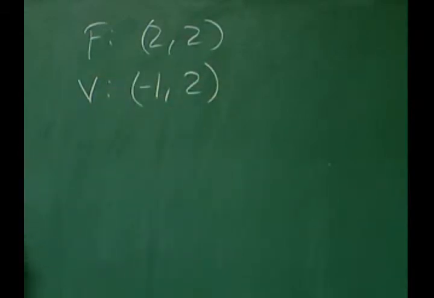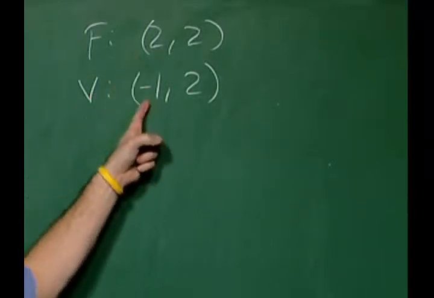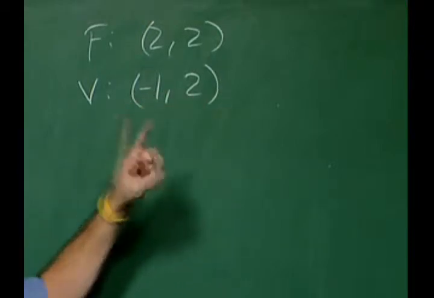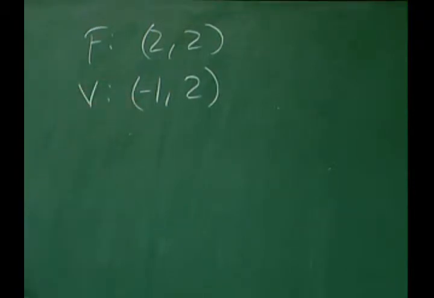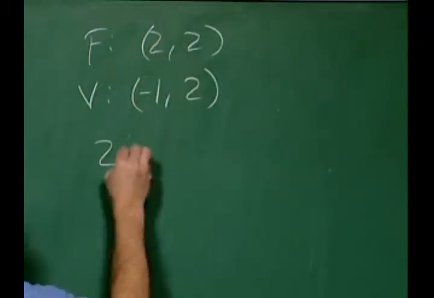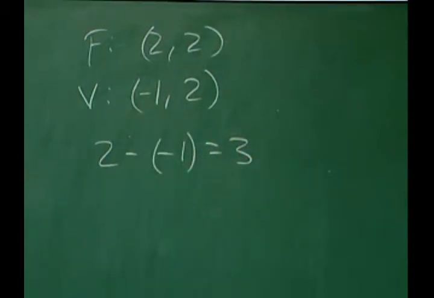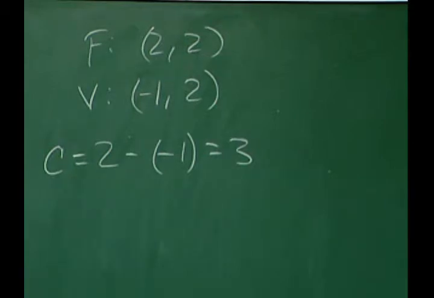All right, well, the focus is to the right of the vertex. So the axis is horizontal, and this parabola opens to the right. The distance between the focus and the vertex would be 2 minus −1, which is 3. And that means that c is equal to 3.